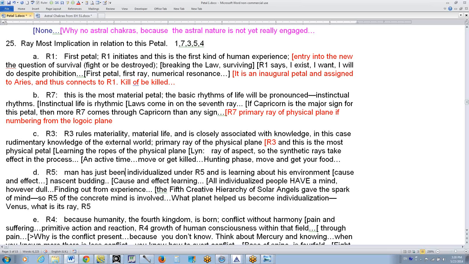So he's learning about his environment through cause and effect. There's a nascent budding going on here as the bud lotus expands. Anyway, cause and effect learning.